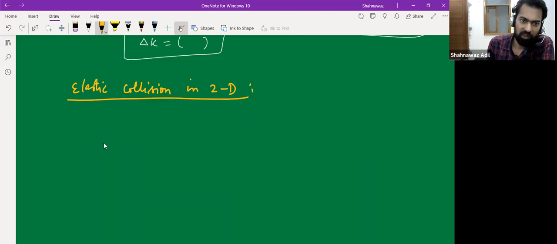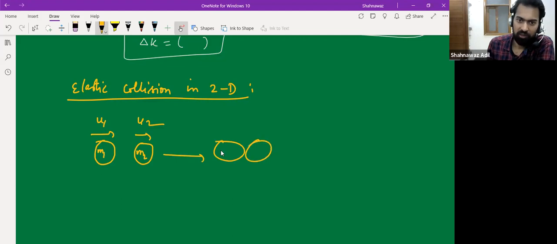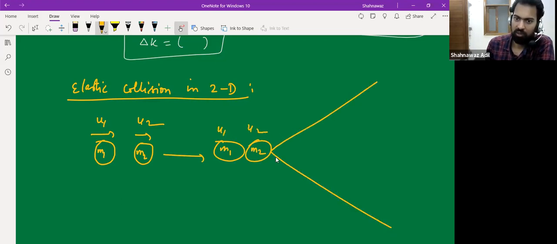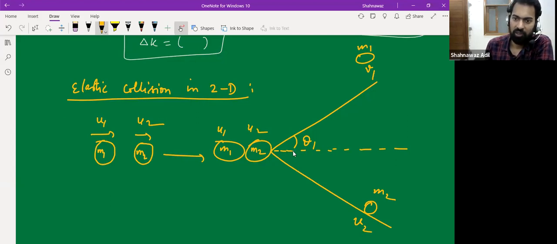What happens is that this guy comes and strikes this second guy, and then they go like this. So let's say theta 1. So this is V1 and M1, and this is the other guy, M2, which is going with V2. This is theta 2.